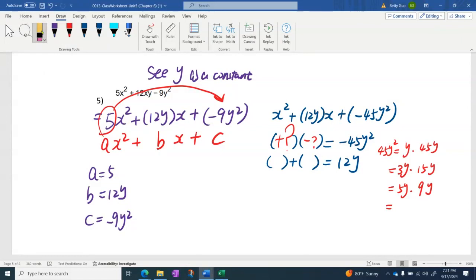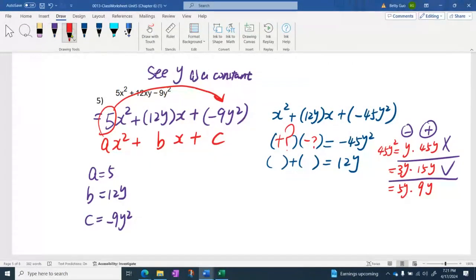So that's all the possibilities. And the y is positive, the other is negative. Positive is bigger. So this one doesn't work. They do not add up to 12y. This one works.